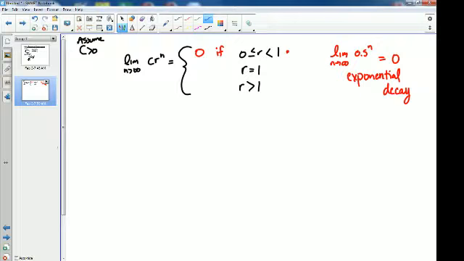I don't even have to tell you the answer. What if r is 1? This will be 1. But what if I put a c on it? Let's say I have the limit as n approaches infinity of 2 times 1 to the n.